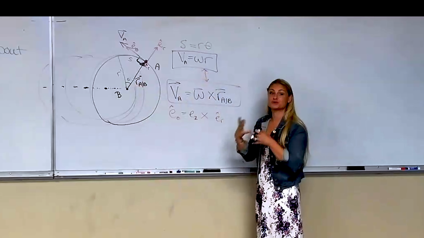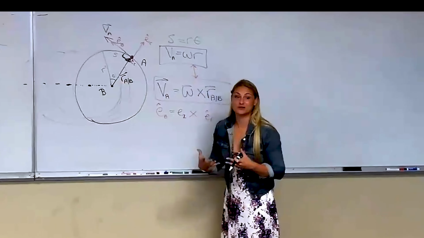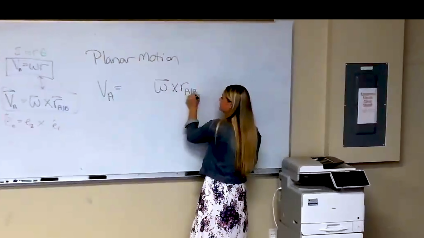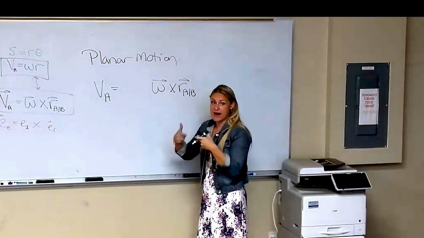But if you are traveling, now you have to take into consideration that linear translation. So now you move into planar motion. Now to describe VA, we're still going to describe its pure rotation about a fixed axis because our wheel is still turning about the center axis, right?